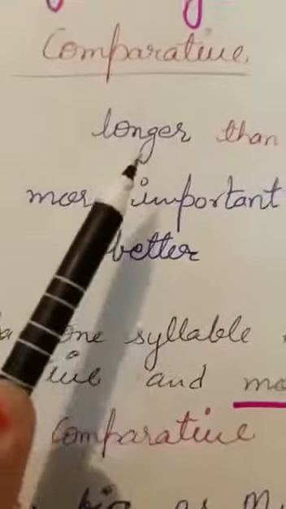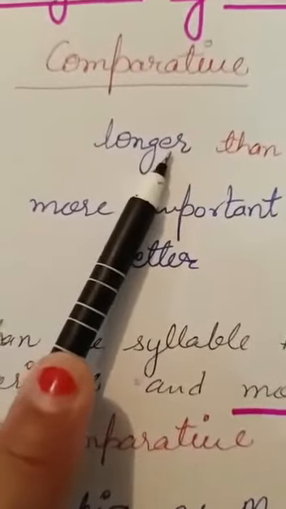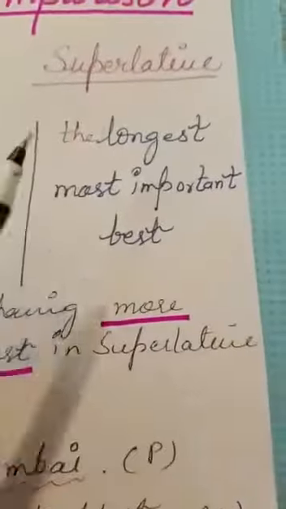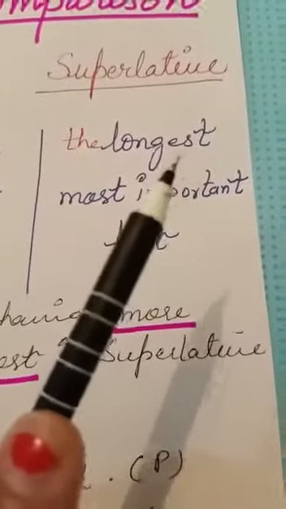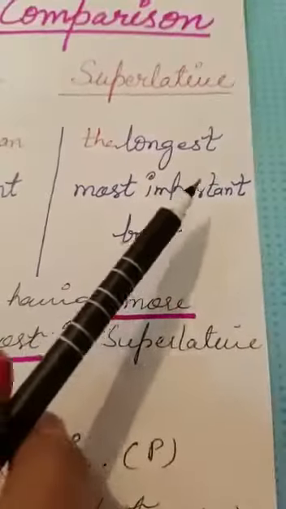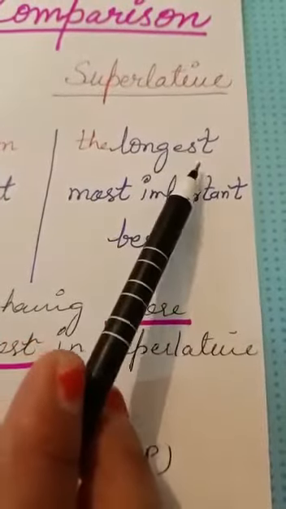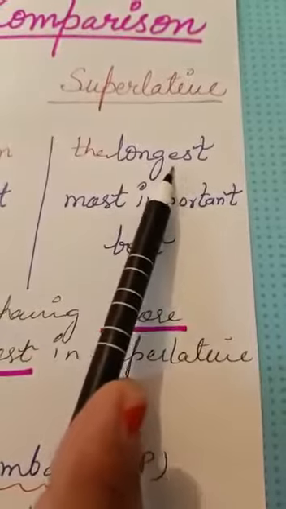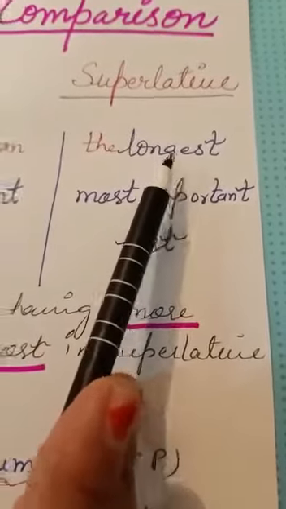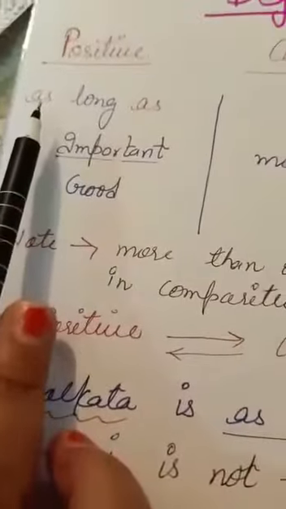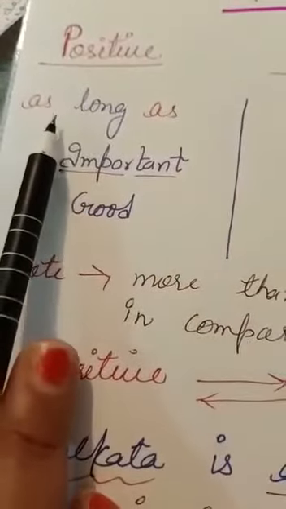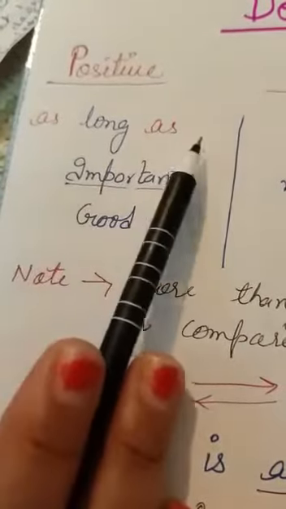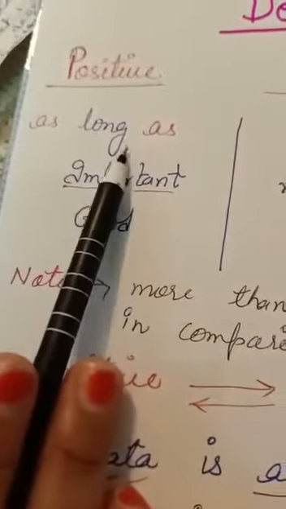You can see suffix er in the longer and then est in the superlative degree. So long has become longest. Now see again positive degree. In positive degree, children, we use as. You can see as long as we use in positive degree.